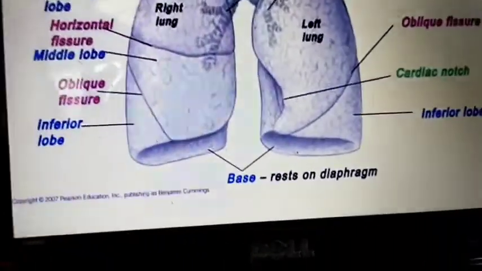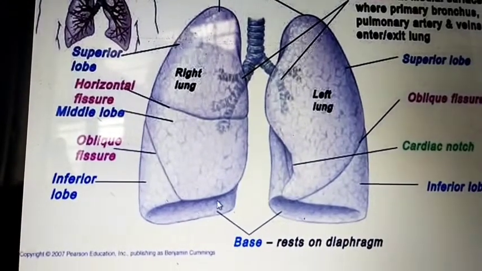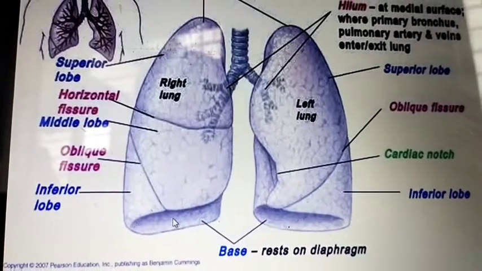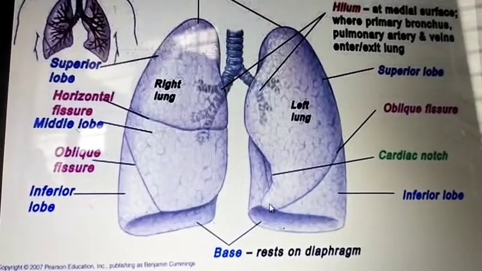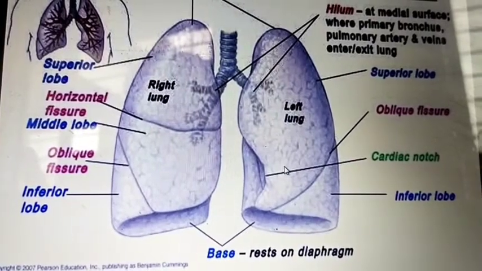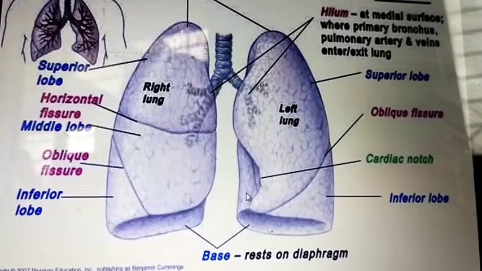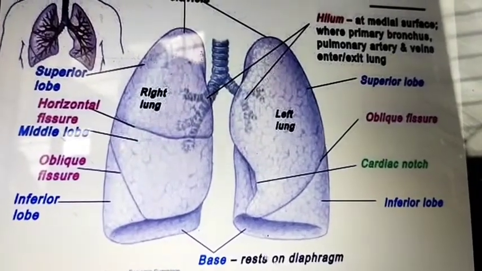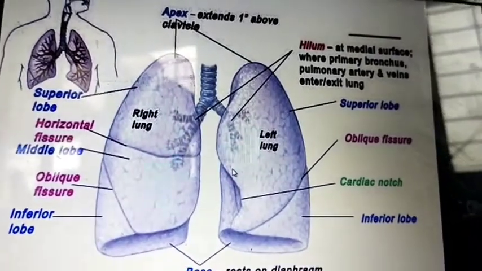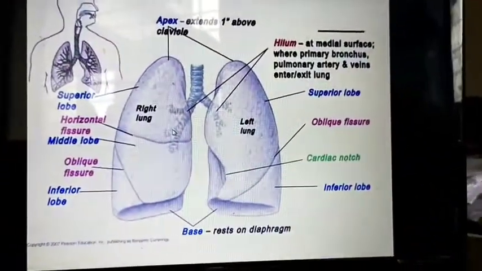This is the inferior border that separates the base from the costal surface and the mediastinal surface. This is the base, and this is the apex.